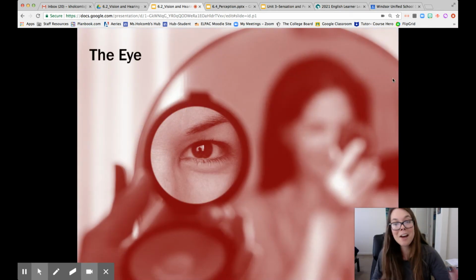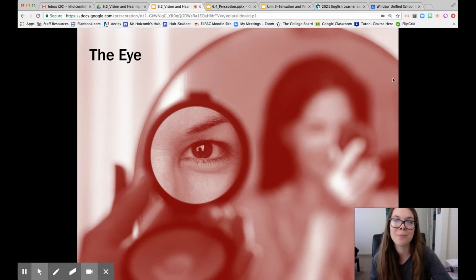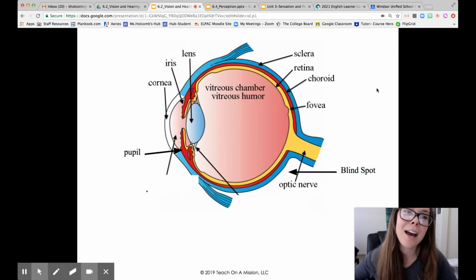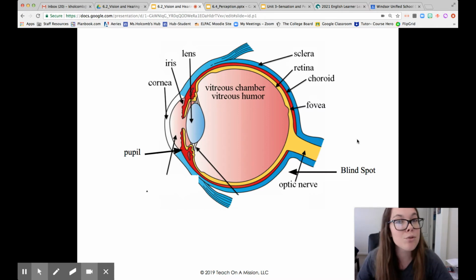All right, so now we are going to get into the eyeball. In your notes, make sure you have a little squiggle mark, and this is all about our eye, okay? There's a lot of stuff going on, so let's talk about how the eye works. First, if you can, pause the video right now and draw this eye. You do not need to write the middle part.